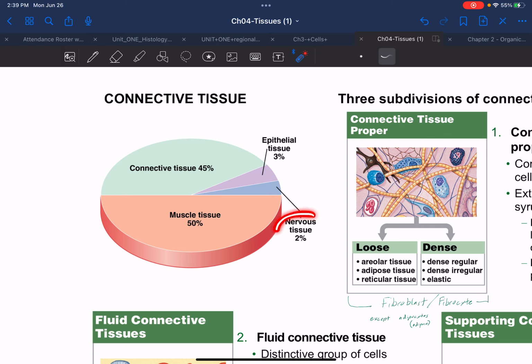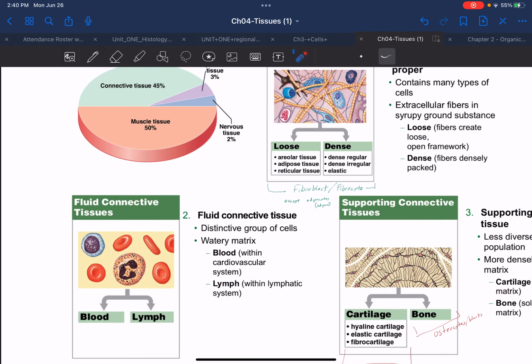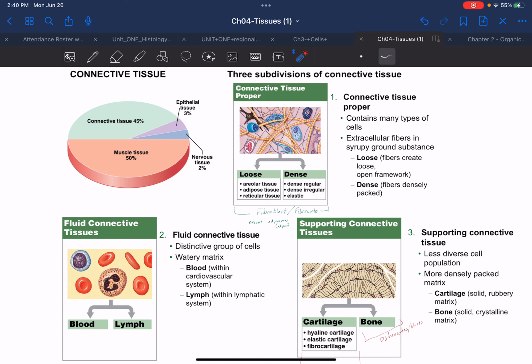Only 2% is nervous tissue in the brain, spinal cord, and all the peripheral nerves. And then 50% is muscle tissue, primarily skeletal muscle more than anything. And then connective tissue is going to be the next major bulk, and that's the chapter that we're going to keep for lab today.